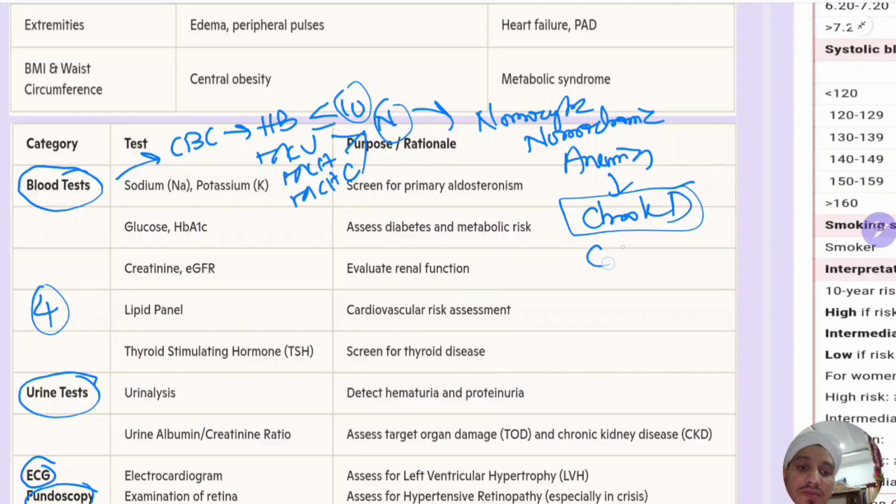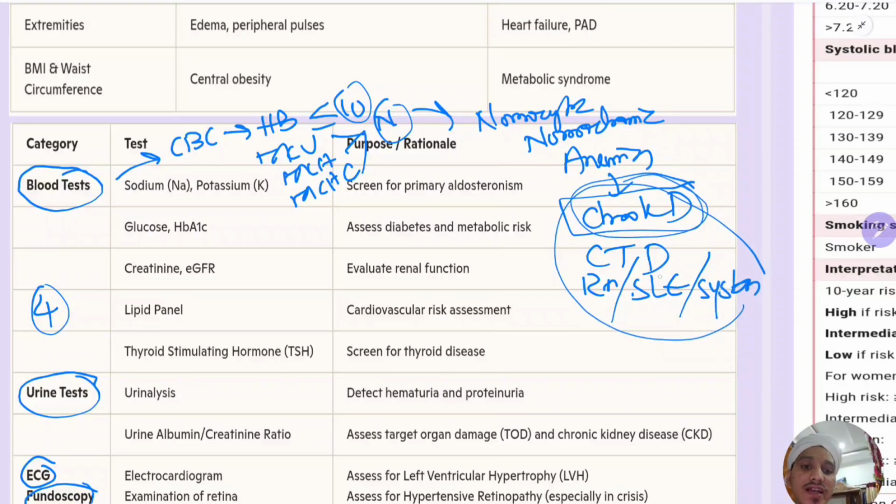Or the patient may be having some connective tissue disorder like rheumatoid arthritis, or SLE in particular, or systemic sclerosis. So in these kinds of patients, more commonly it is CKD and connective tissue disorders. So this type of CBC you will see. Okay, so that will give you a clue to this picture.